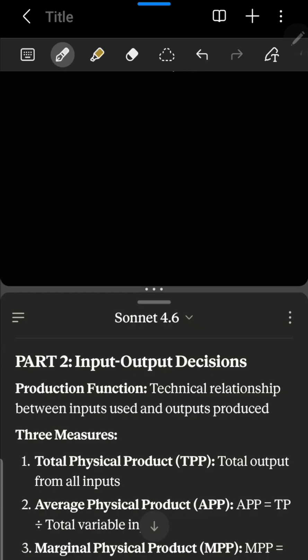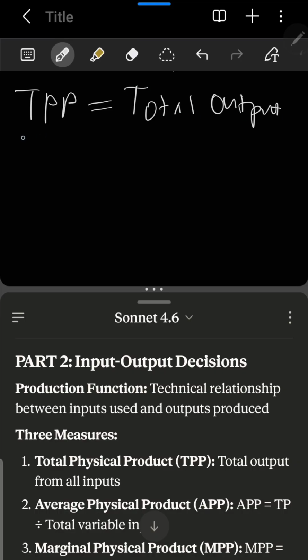And there are terms we talk of. The first one is the total physical product. That word physical is just to confuse you. If I say total product, what do you think of? Total output. So total physical product is the total output.